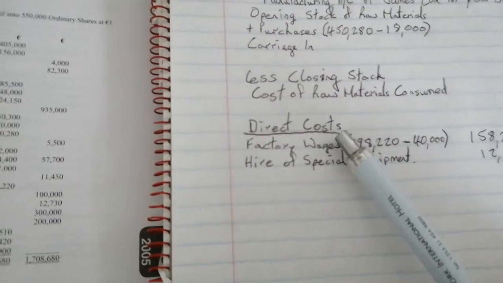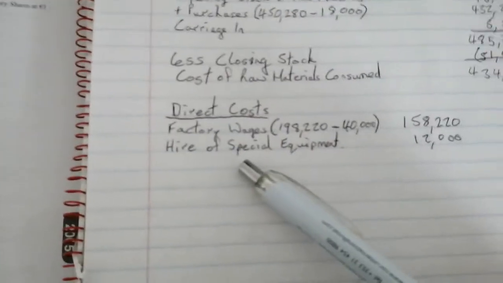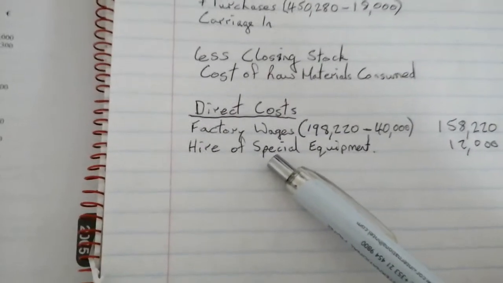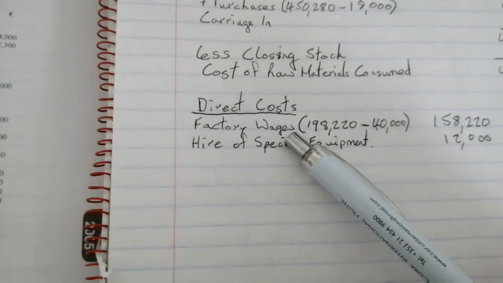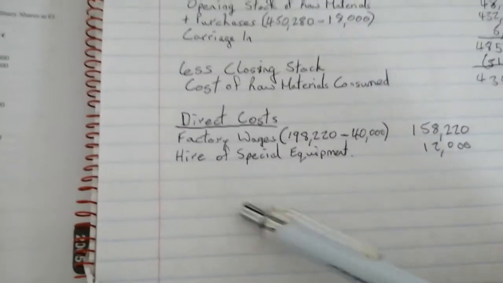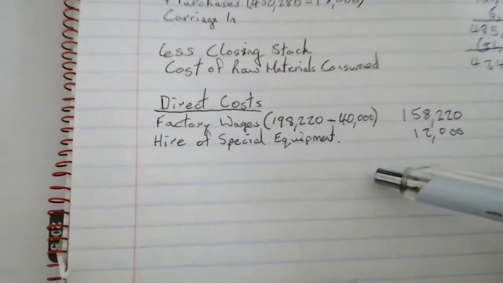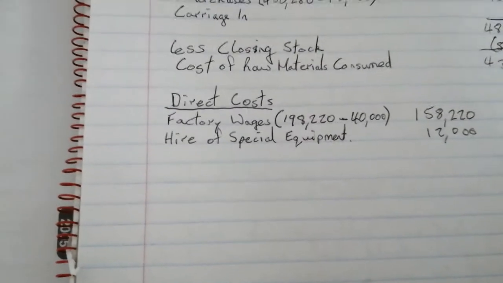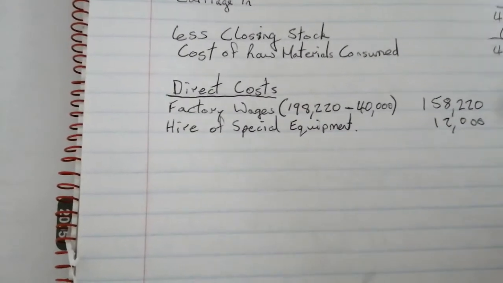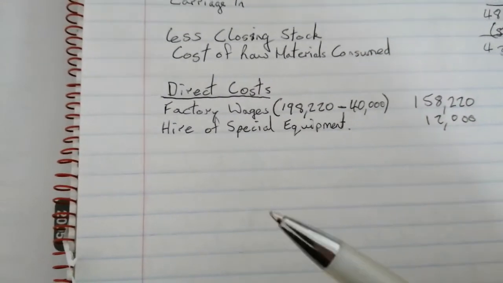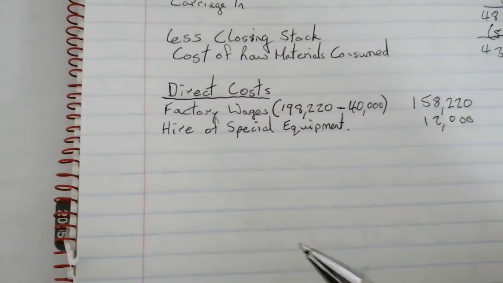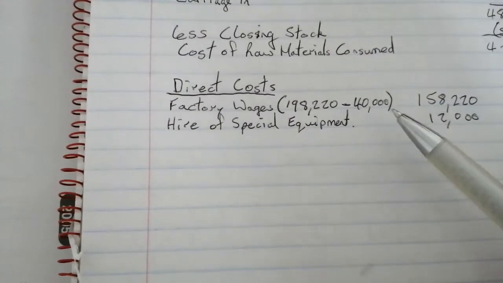Now, there's only really one other one that I've seen come up in a Leaving Cert question, and you might make note of this somewhere if you're writing this out, and that's royalty payments. So we consider royalty payments a direct cost because they vary directly with how much you manufacture, because a royalty payment is normally a payment to somebody else, another company, for some idea of theirs or some technology of theirs that you're using.